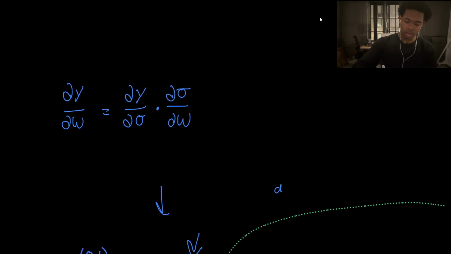How would I do this? I would just do the partial derivative of y with respect to b, times 1.